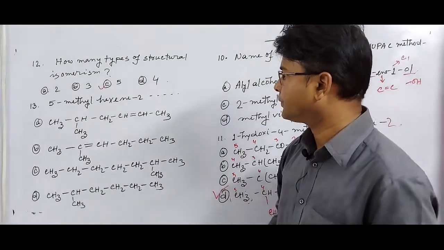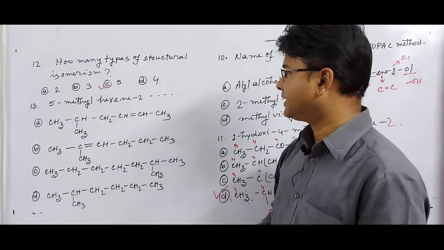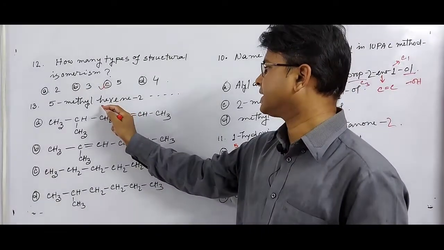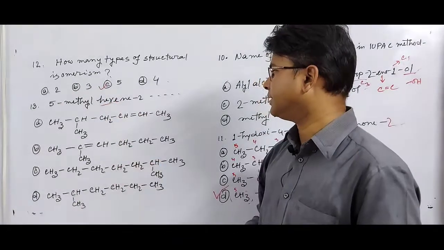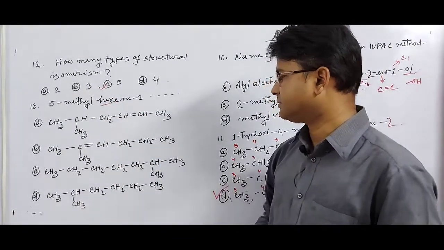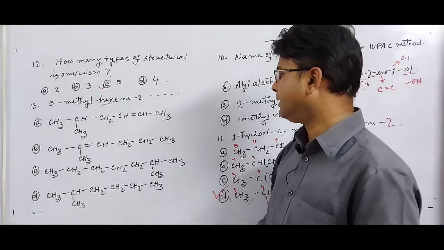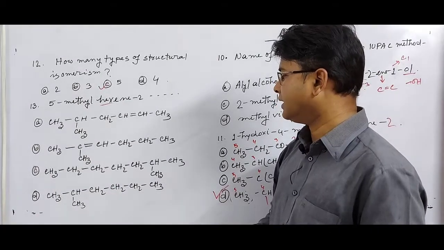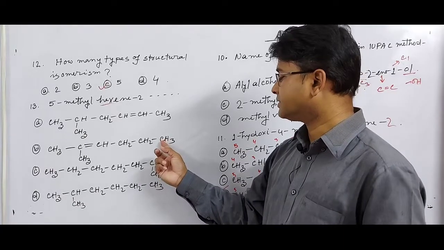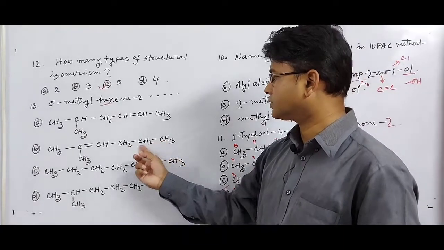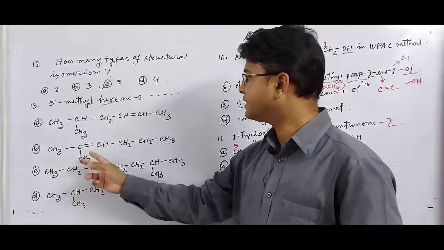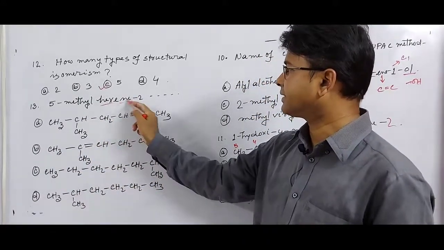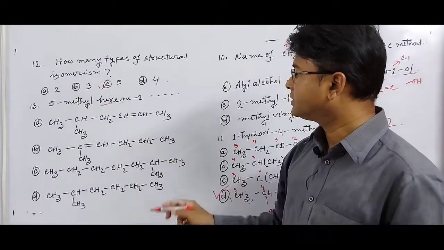5-methyl-hexene-2. Students, first you have to understand that hex means there will be 6 carbon atoms in the main chain of the compound. So I have to find the number of carbon atoms in the main chain: 1, 2, 3, 4, 5, 6. It is hexene; ene means a carbon-carbon double bond.